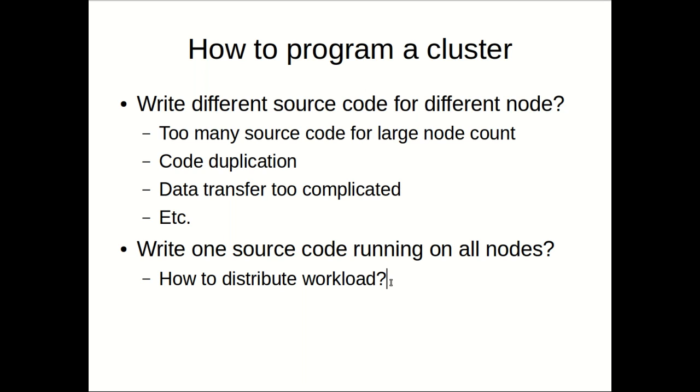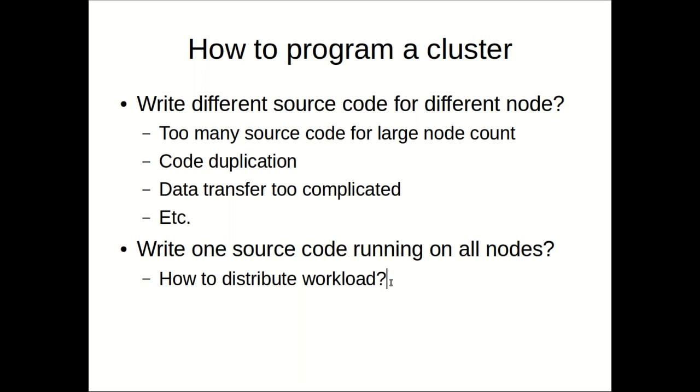So if you have a unique ID for all those different nodes, then inside of your source code, you can write your code targeting one or a range of those IDs, right? So you need a mechanism to distribute unique IDs to all those different nodes in the cluster.